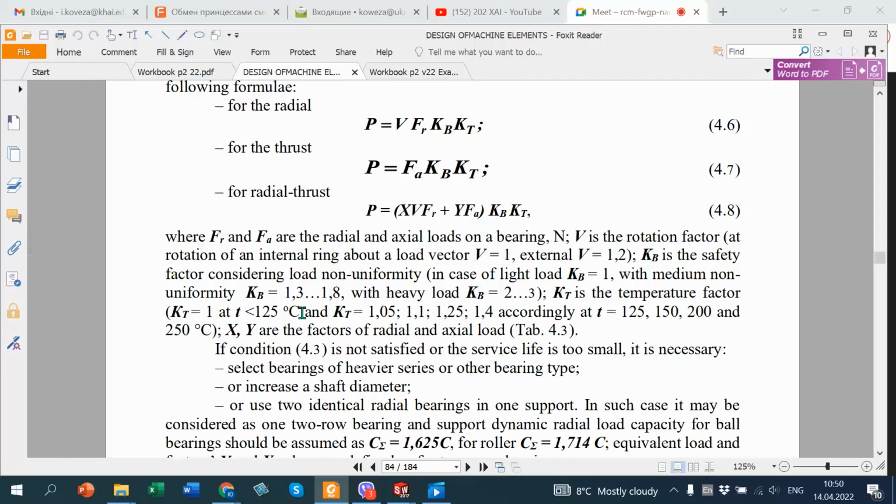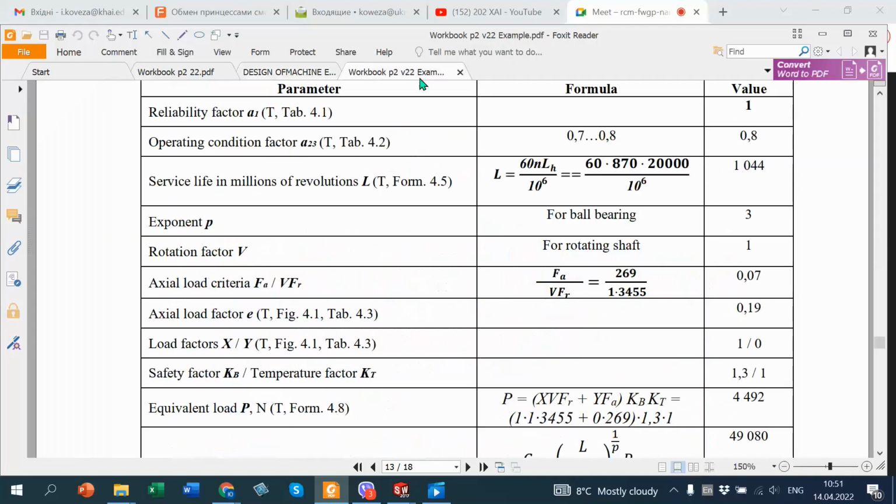In our case, we should use this variant because if we use mineral oil in gearbox, better if its operating temperature will be less than 80 degrees centigrade. So it means that it is not 125. So that's why we use 1. Temperature factor is 1.